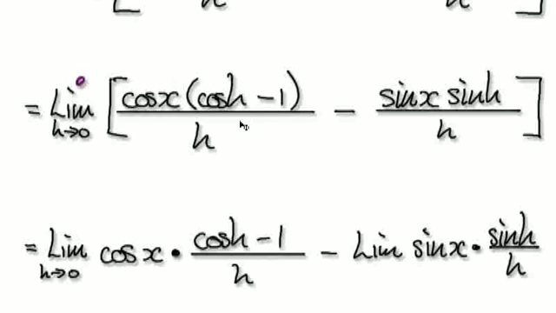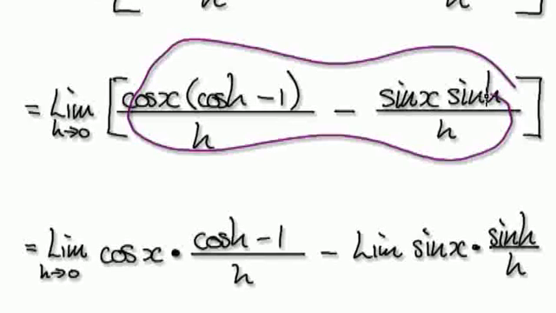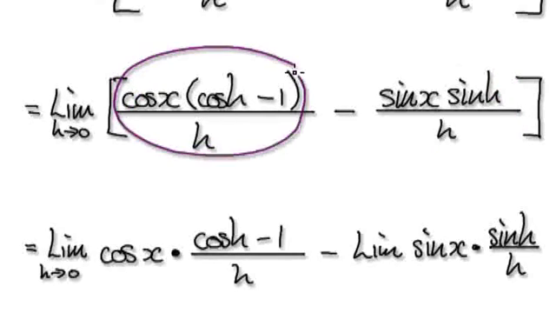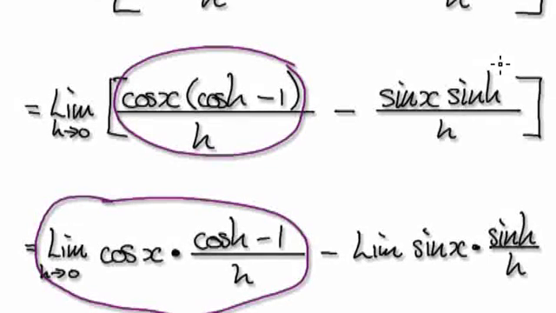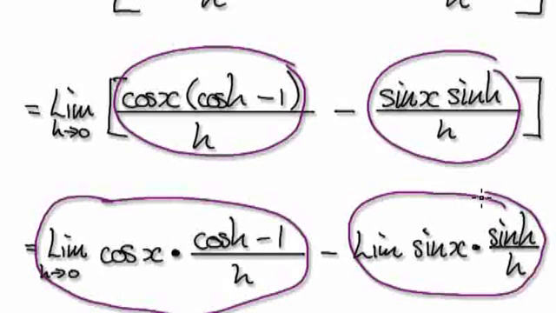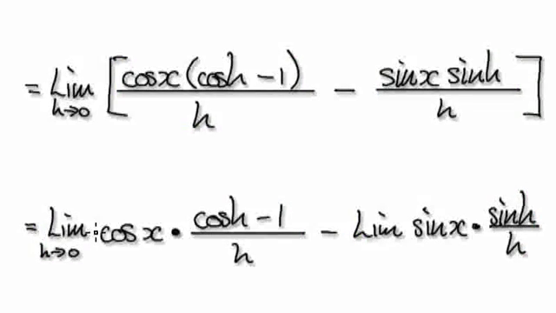So now rather than finding out the limit of this whole complicated thing here, just concentrate on finding out the limit of this, so that's this bit here, and then concentrate on finding out the limit of this. So that's you finding out this bit here. Okay, so that will then take us to here.